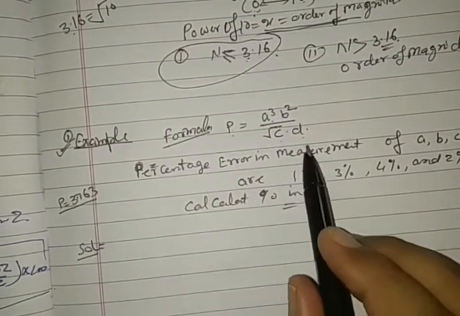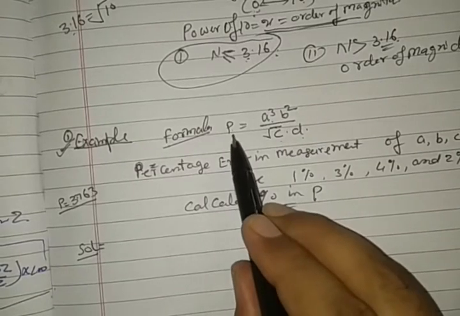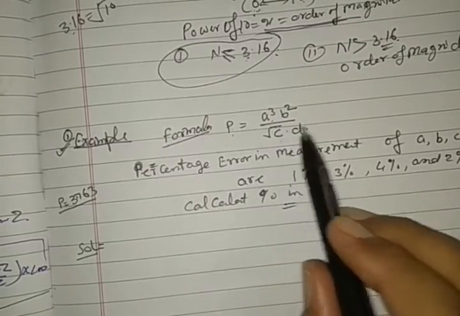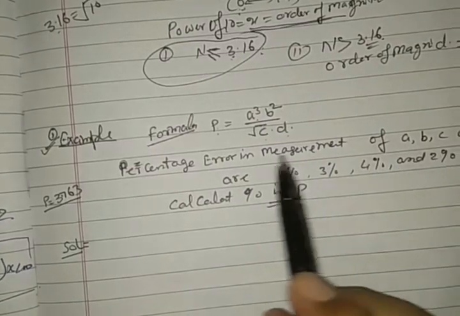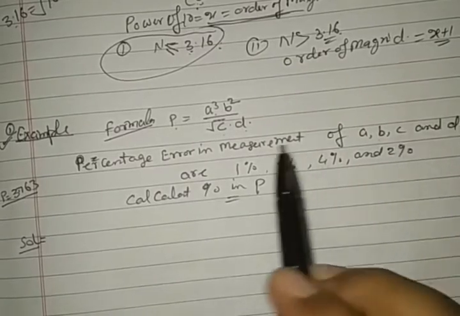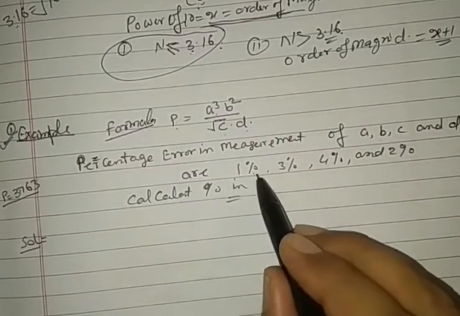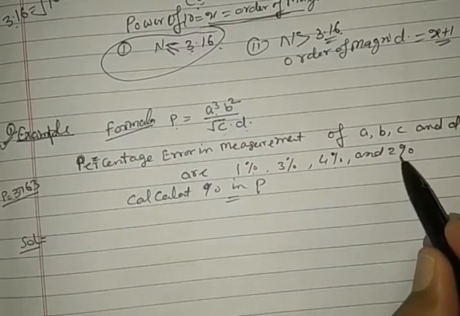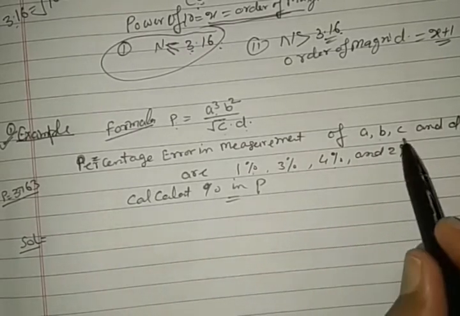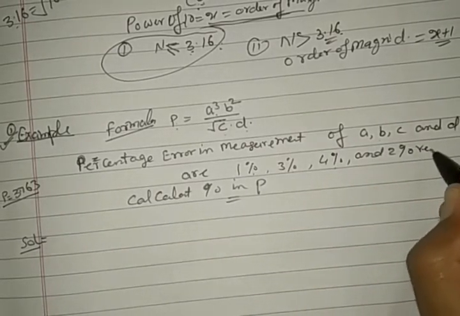When a student is going to calculate P, he has to measure the values of A, B, C, and D. While obtaining the measurements of A, B, C, and D, he gets 1%, 3%, 4%, and 2% error respectively.